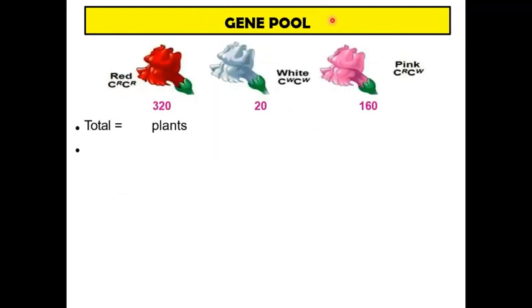Okay, so let's try how to calculate a gene pool. Here we have an example of a population of flowers with different types of color. First we have to calculate the number of individuals of flowers or plants. So we have 500 plants.